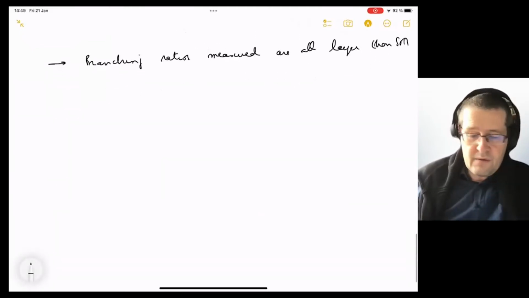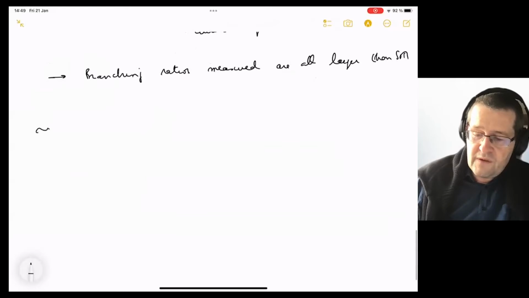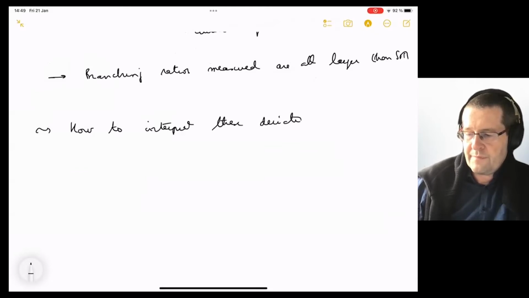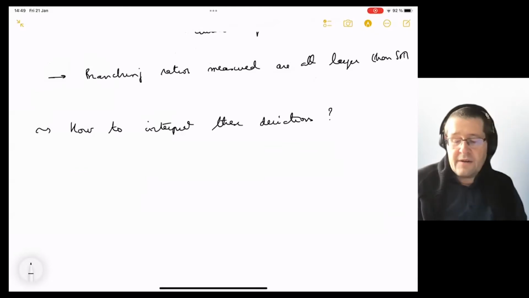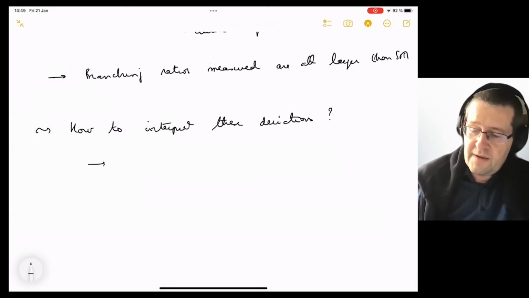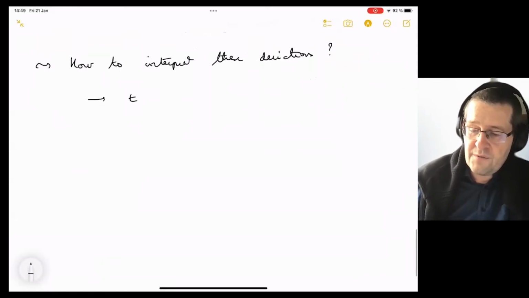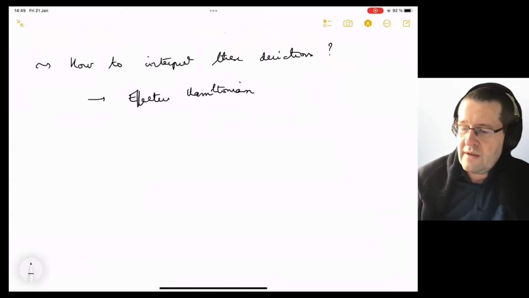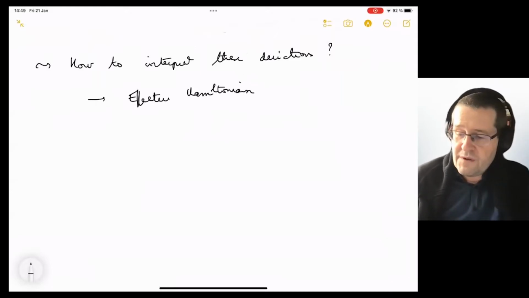Okay, so the question is obviously how to interpret these deviations. And the answer again will be the notion of effective Hamiltonian. Why is it a good tool this time?